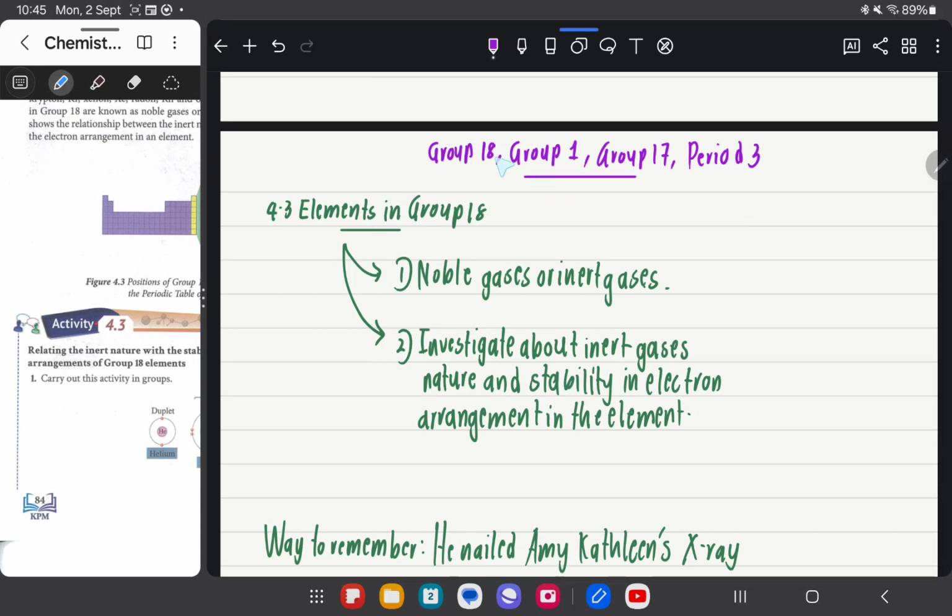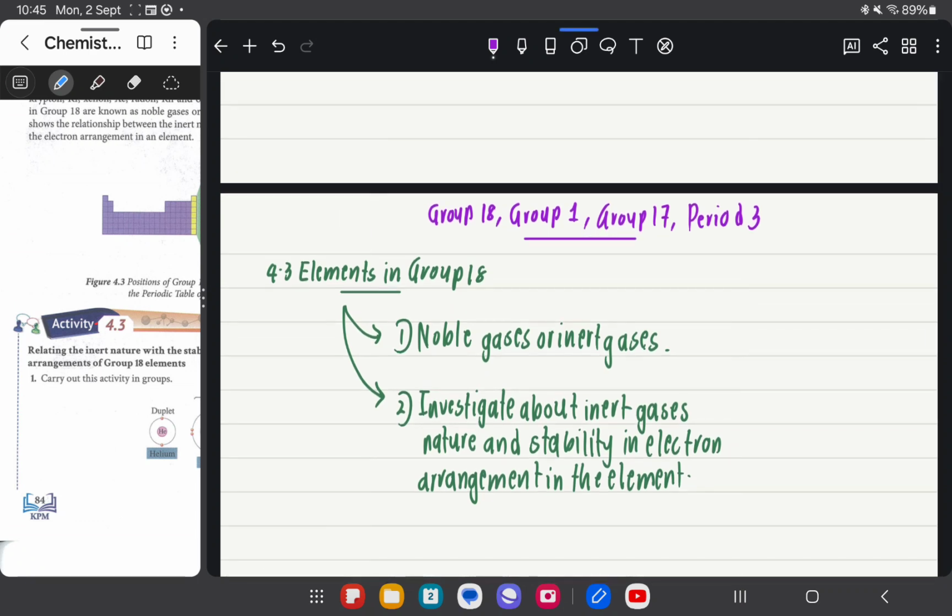Each group was arranged by the person who analyzed the chemical and physical properties and arranged them based on their proton number, correct? But for now we are not going to focus on the proton number. After you study 4.2, you're going to focus on their chemical properties.